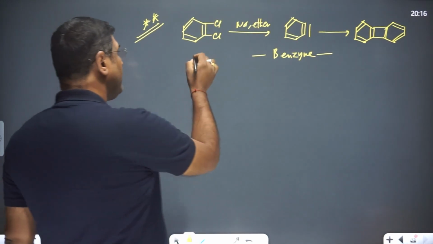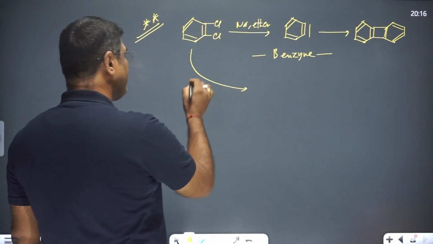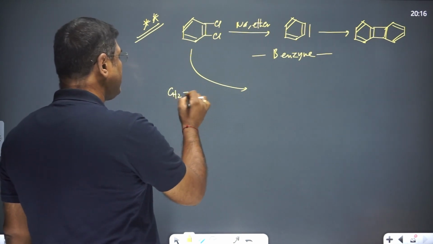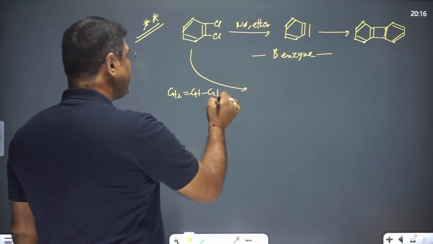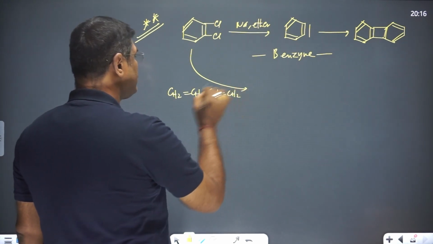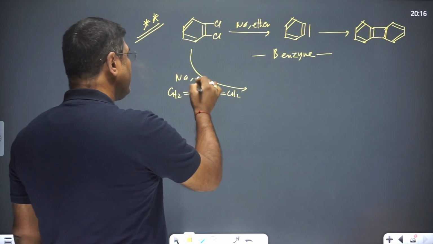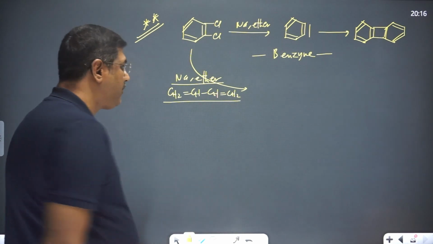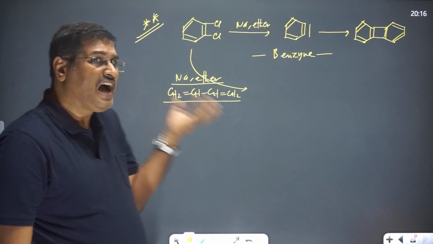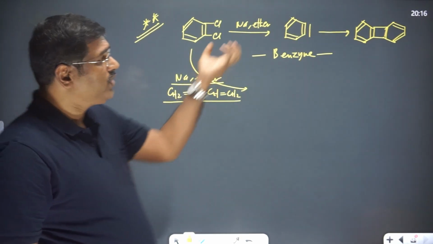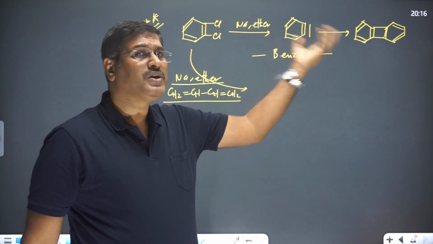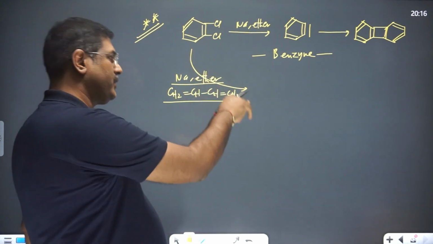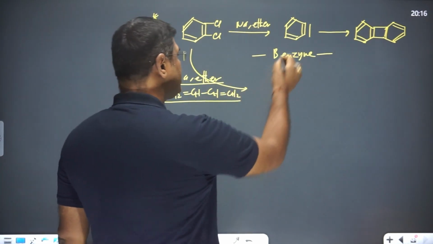But if it is given with CH2=CH-CH=CH2 in the presence of Na in ether, this diene is capable of trapping the benzyne. Then that kind of coupling won't take place. Benzyne forms first.